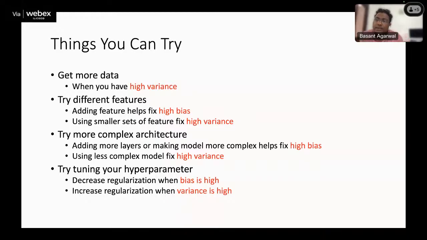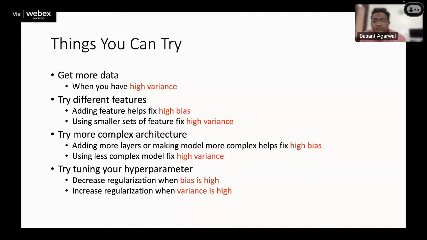So the best way is to use as many features as possible, make the model complex, and try to make the model perform as close as possible to human performance. Then we deal with the possible overfitting problem by using regularization and the other methods we have discussed.